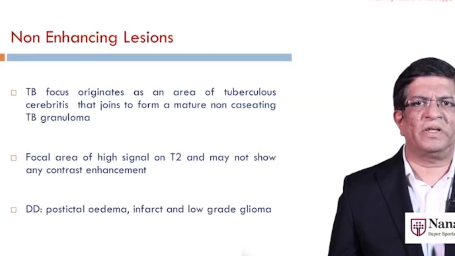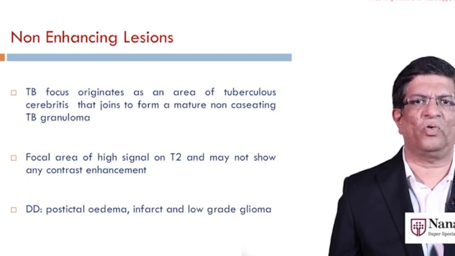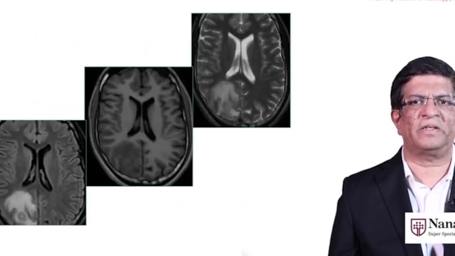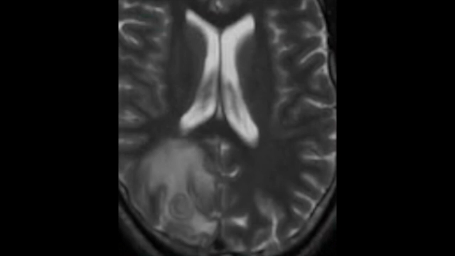In pathology books it is described completely differently. It begins as an area of tubercular cerebritis that eventually joins to form a mature non-caseating tubercular granuloma. It appears as a focus of high signal intensity on T2, which may not show any contrast enhancement, and hence the differential diagnosis for this condition would be post-ictal edema, infarct, or even a low-grade glioma, and this is how a non-caseating tubercular cerebritis would look.